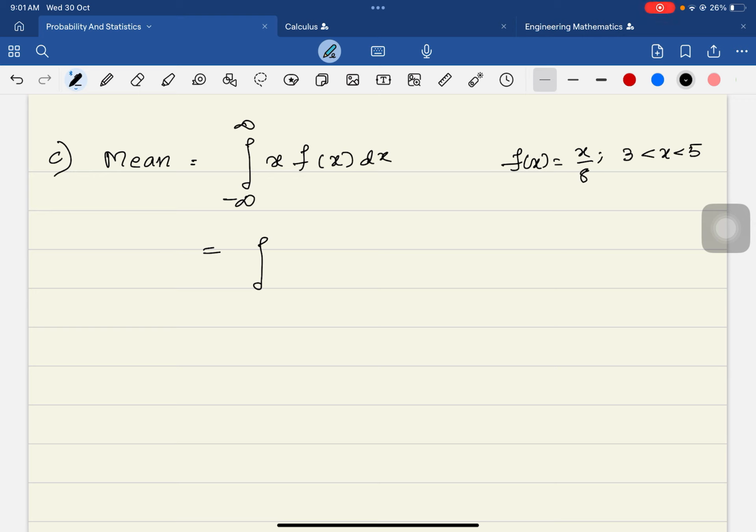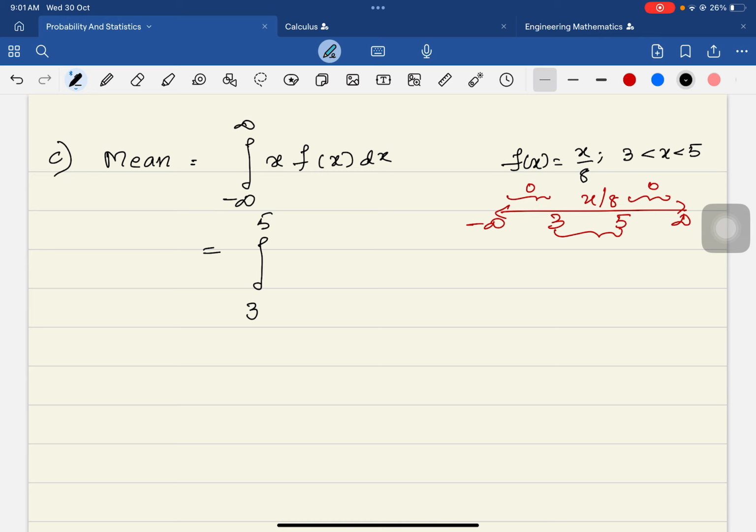So the integral is from 3 to 5, and the other parts, from minus infinity to 3 and from 5 to plus infinity, the value of the function becomes 0.